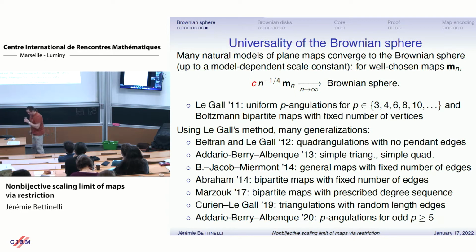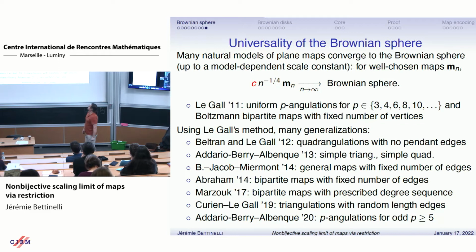Next, I want to recap some results about universality. A very nice property of the Brownian sphere is that it is universal in the sense that it is the scaling limit of somehow all natural models of maps you can think about.